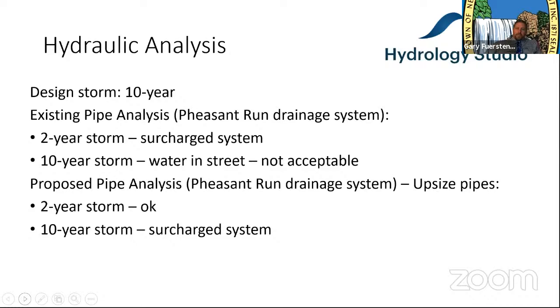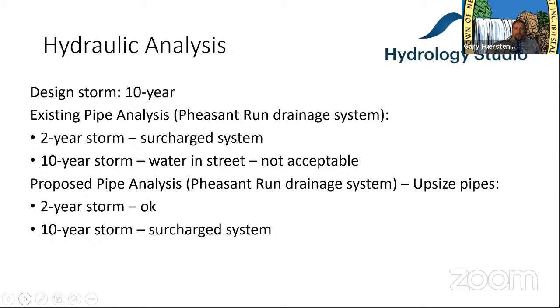So we evaluated both the existing conditions and some proposed conditions. For the existing conditions, for the 2-year storm, the pipes in Pheasant Run are surcharged. What that means is that the pipes are flowing full. Drainage pipes are designed to be gravity flow, but when the pipes are flowing full, they become pressure pipes, and that's just not how storm drains are designed.